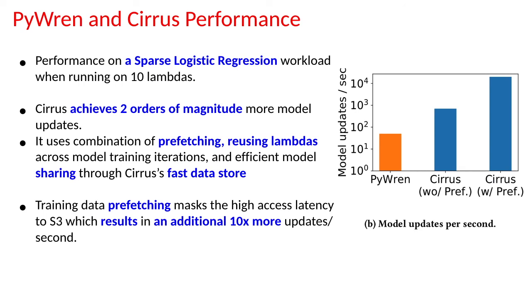It uses a combination of prefetching, reusing Lambdas across model training iterations, and efficient model sharing through the CIRRUS fast data store. Also, training data prefetching masks the high access latency to S3, which results in an additional 10x more updates per second. All these experiments and results show how CIRRUS is beneficial compared to the traditional workflow.